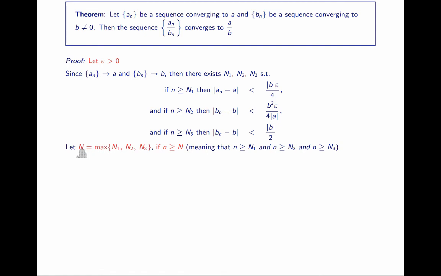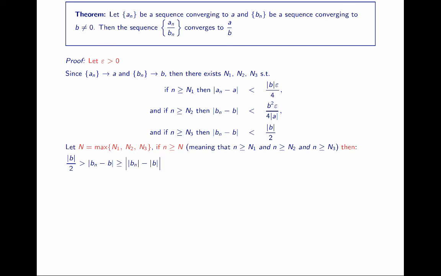So if big N is defined to be this max and little n is greater than it, then the absolute value of b over 2 is greater than b_n minus b, right? That's exactly this, right? This is true because little n is greater than n3. I just wrote this greater than this, right? Because I'm trying to get that lower bound.